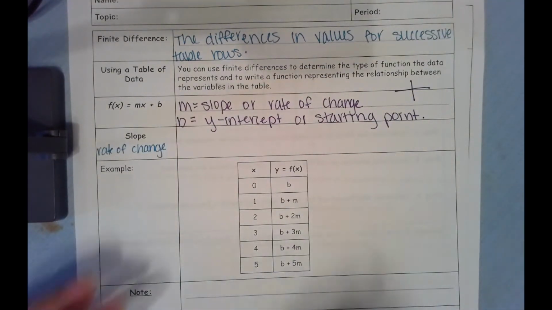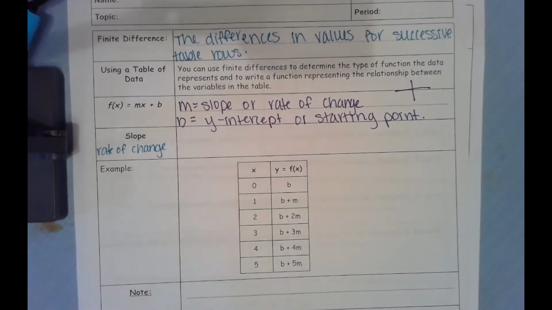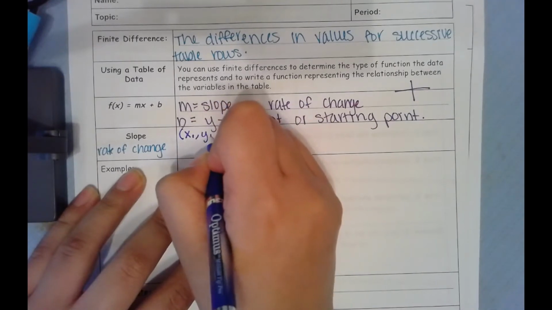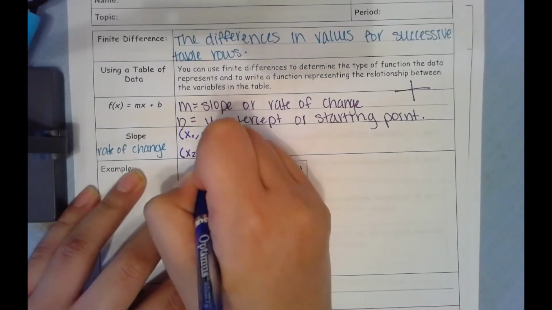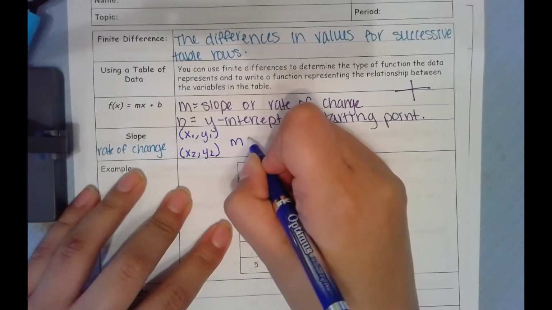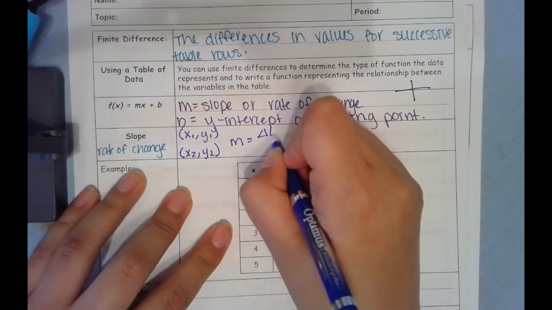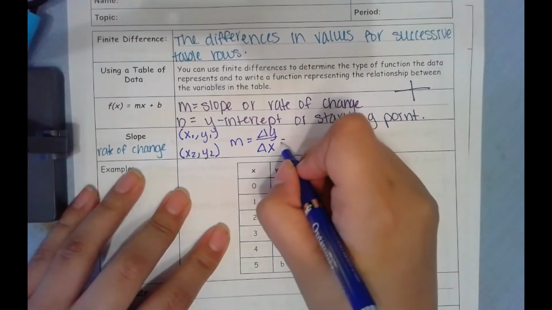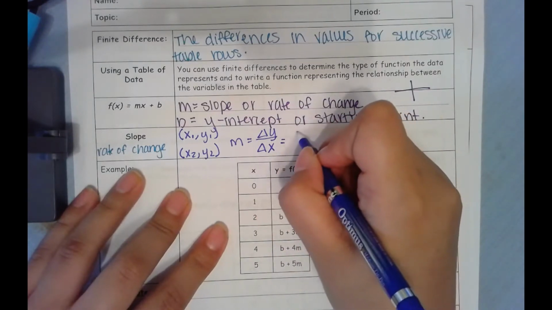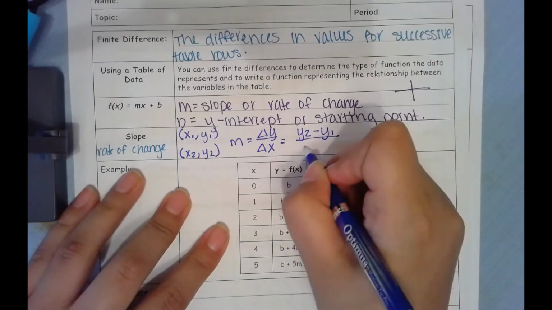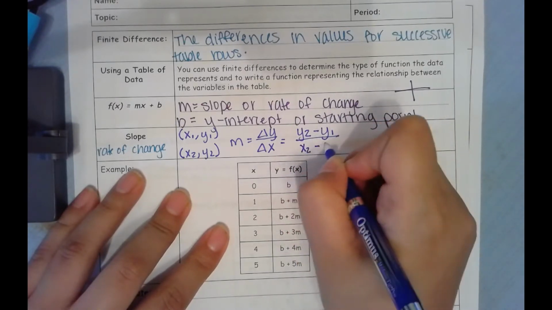And if you have your coordinates x1 and y1 and x2 and y2, then you can find your slope or your rate of change by finding the difference in y over the difference in x. Delta y over delta x is difference in y over difference in x. And that's just going to take your y2 and subtract your y1 and divide that by x2 minus x1.